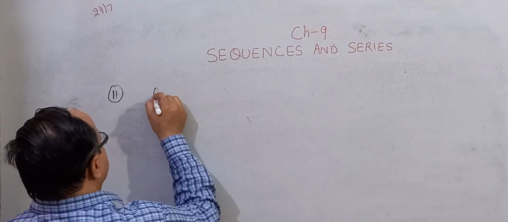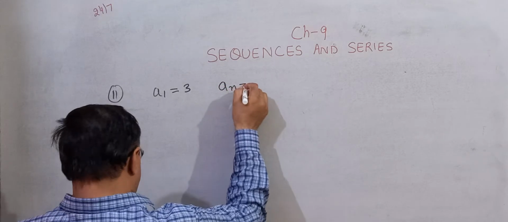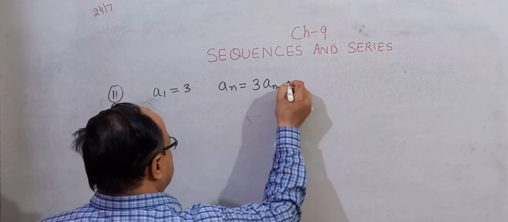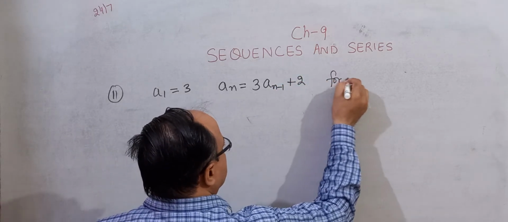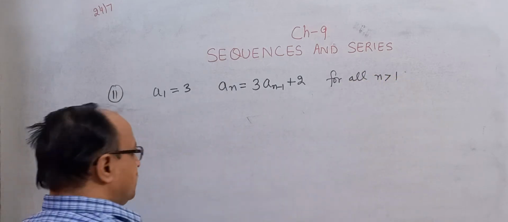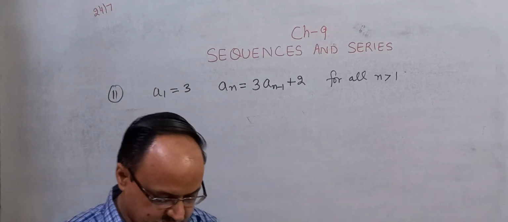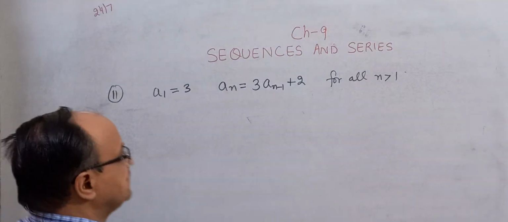In question number 11, A1 is given as 3 and An is equal to thrice An minus 1 plus 2, for all n greater than 1. Correct? This is question number 11.